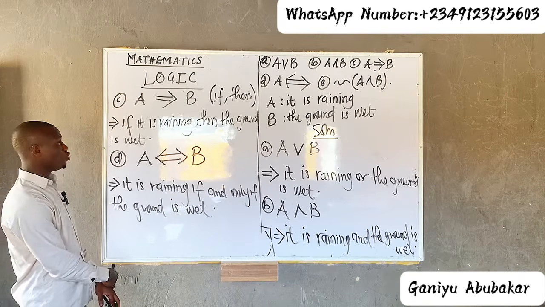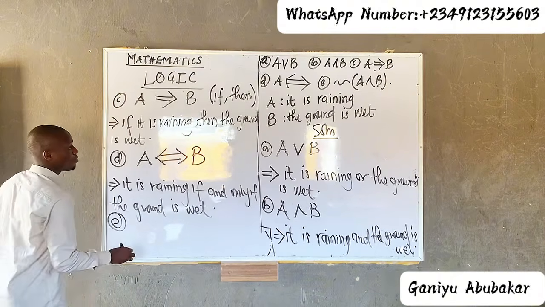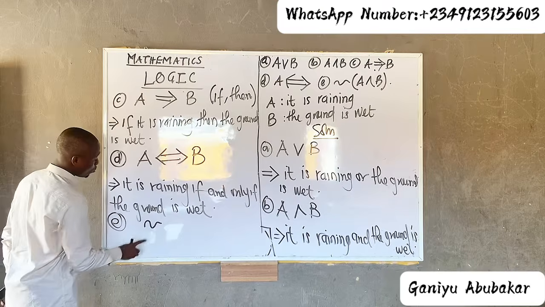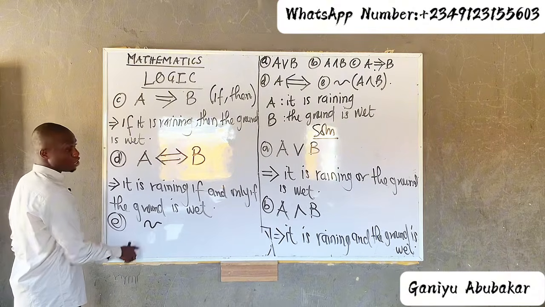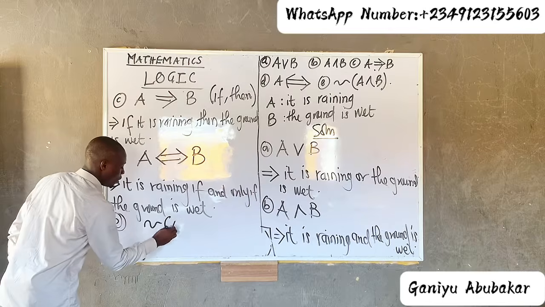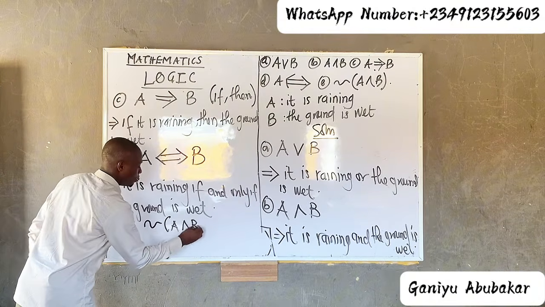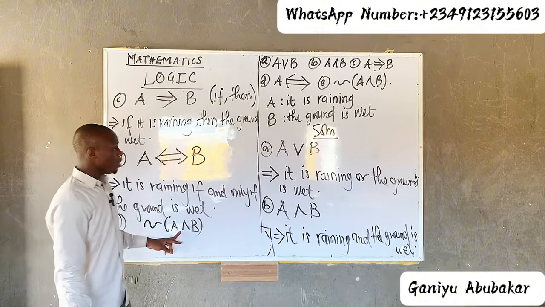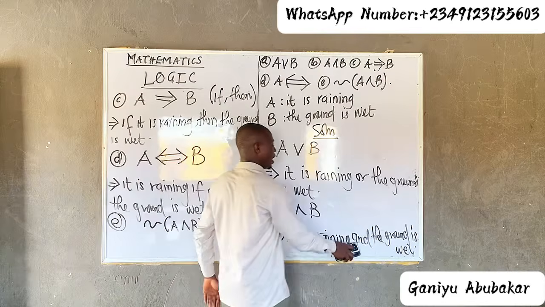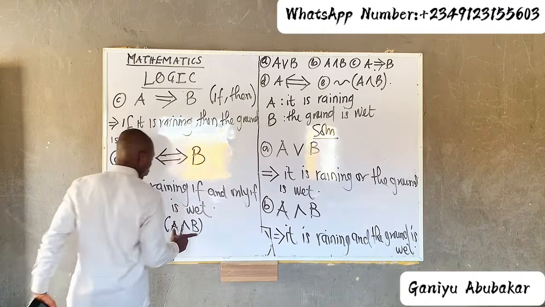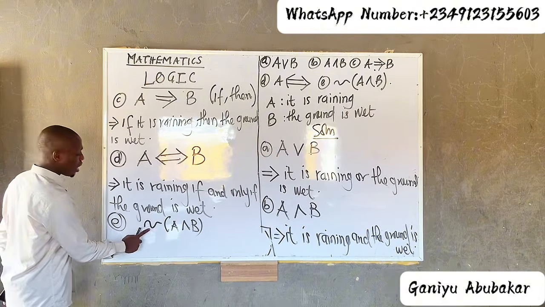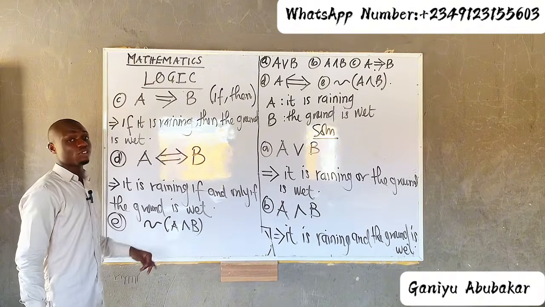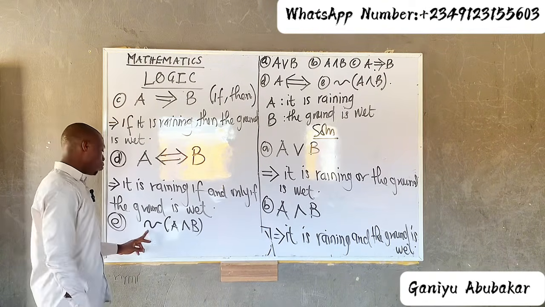And finally, let's do E. For E, I have this symbol, which is called negation, of A and B. Initially, we solved this: it means it is raining and the ground is wet. Whenever you have this symbol, if something is true, it changes it into false, and if it is false, it changes it into true.